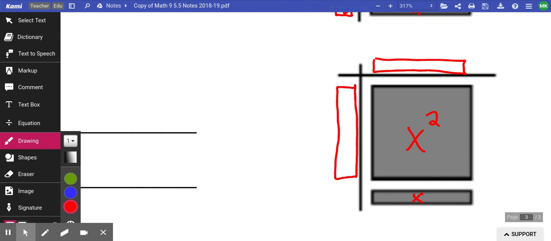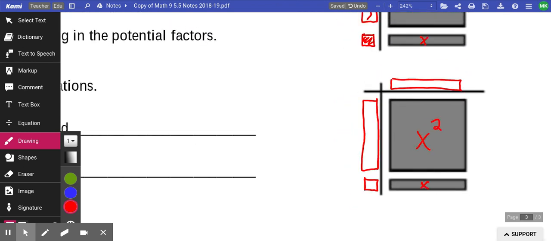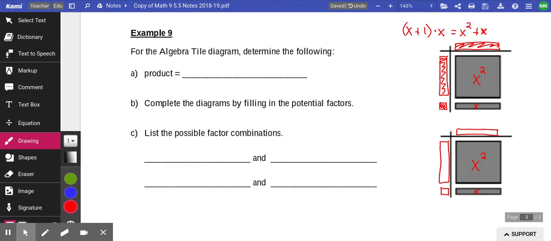That would create a positive x squared. And this one would also be negative, because negative 1 times negative x creates a positive x. So the same diagram has two different answers. One of them is all positives, one of them is all negatives.